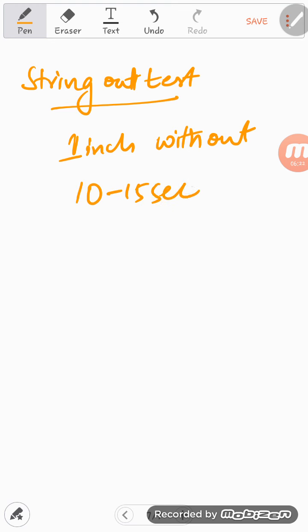So while you are mixing the sealer, while you are obturating the teeth, you need to test this, that is called a string out test. There should be at least 1 inch without breaking the cement for an inverted spatula blade. It should hold for at least 10 to 15 seconds. This is the string out test you have to do for the sealer while you are going for the obturation.